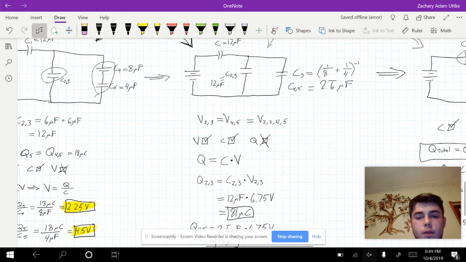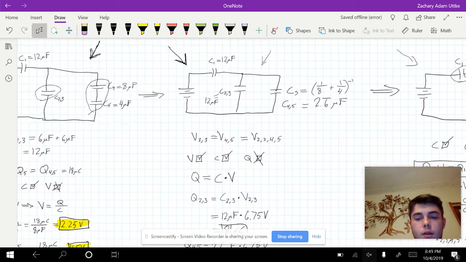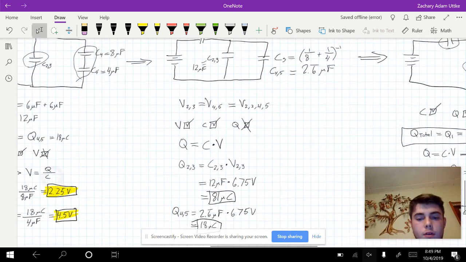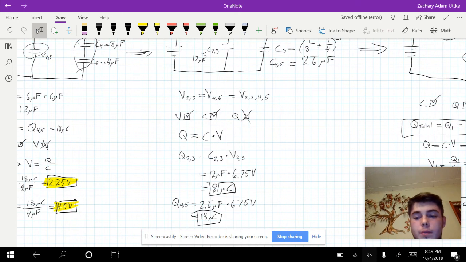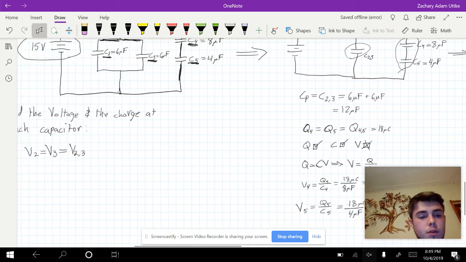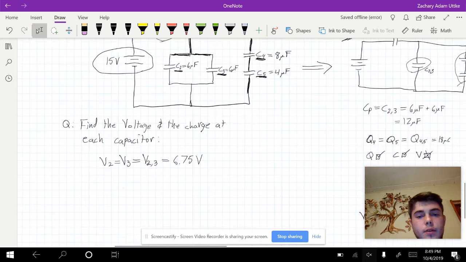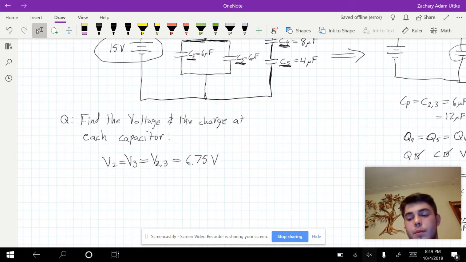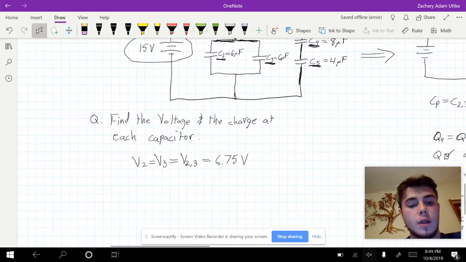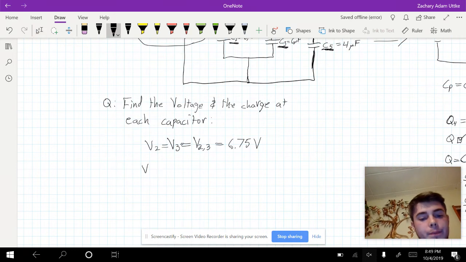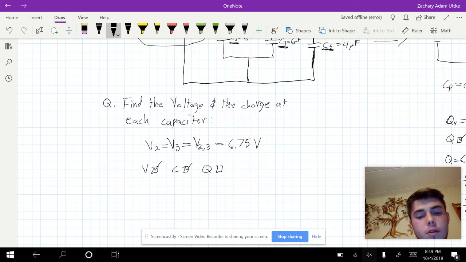So we know the voltage from all the way back here. Okay, and it's going to be the 6.75 volts. All right, so now that we know that those are in parallel and we have the voltage, we can figure out what we don't know. We have their voltage, we have their capacitance, but we don't know their charge.